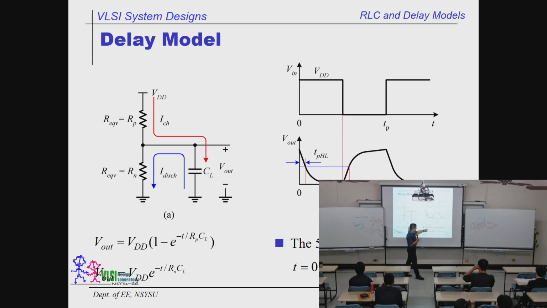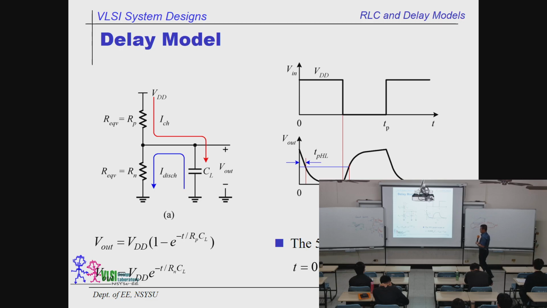And we take the 50% point. You're going to love it. It's 70%, it can be derived. Plug in the numbers: 0.69. I always remember 0.7, it's easier. 0.7 RC. That is the propagation delay. If you like it, you can remember 0.69.